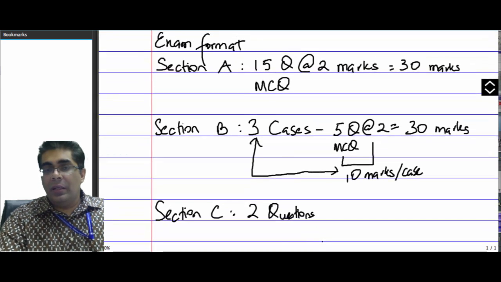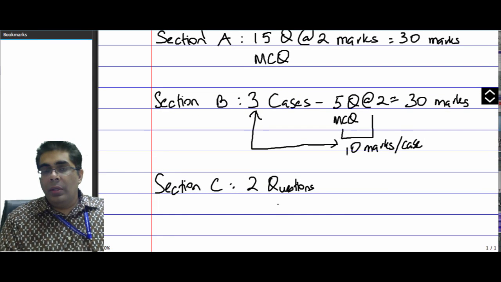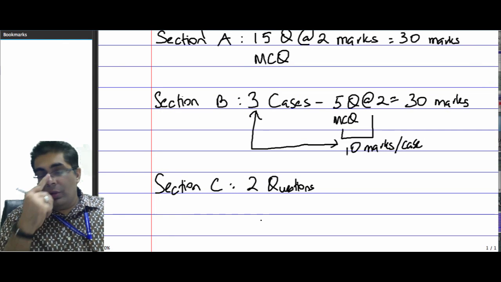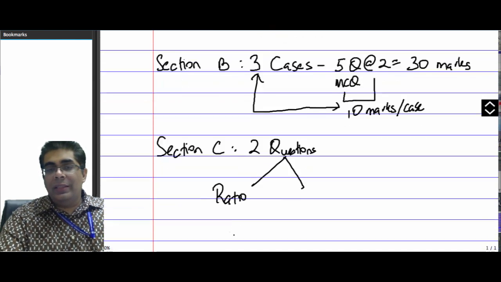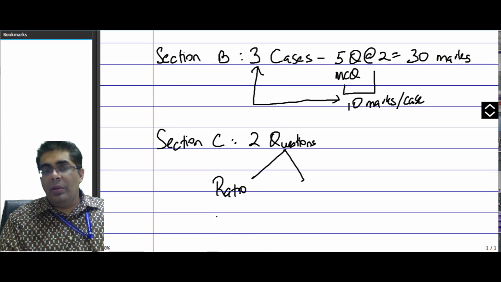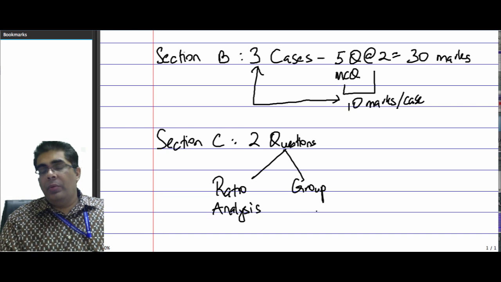These are your data response questions, not cases, data response. Now, what will be inside these questions? One question will talk about your ratio analysis. Most likely it will be ratio analysis, and the other question will be either a group or a single entity question.